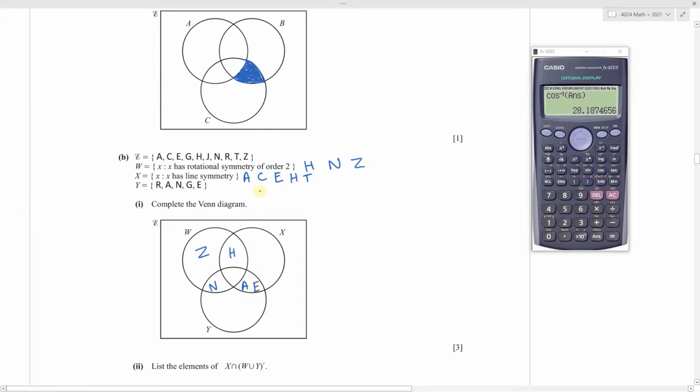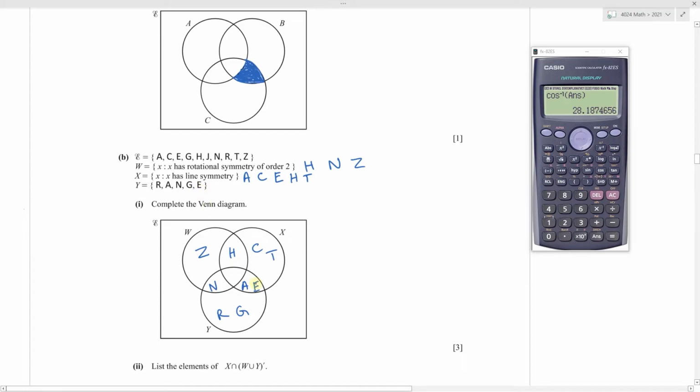They are written over here. C is not written, so C will be here, and T, so C and T will be here. And from Y, R is remaining, A is here, N is here, G is missing, so G will be here, and E is already here.